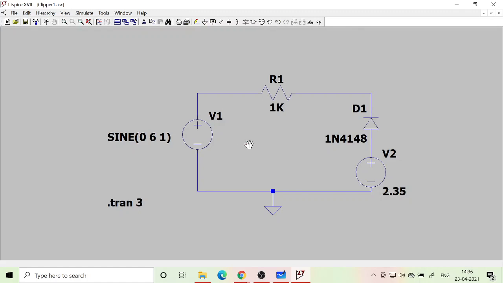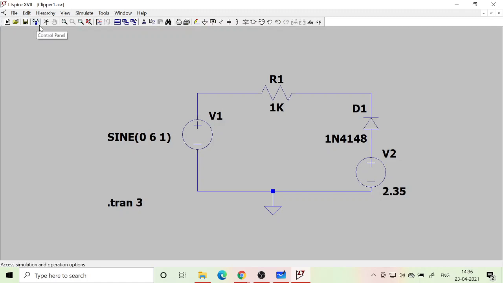But if the input voltage is larger than 3 volt, then this diode will be reverse biased, and if it is reverse biased, whatever is the input waveform, that should follow. So it looks okay to me, and let us see whether there is any problem.